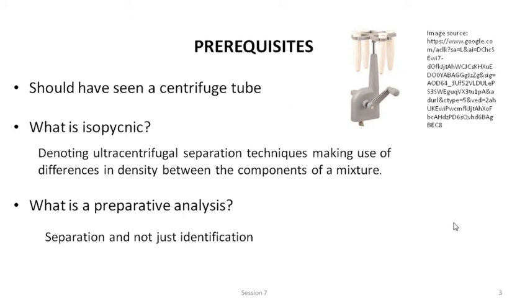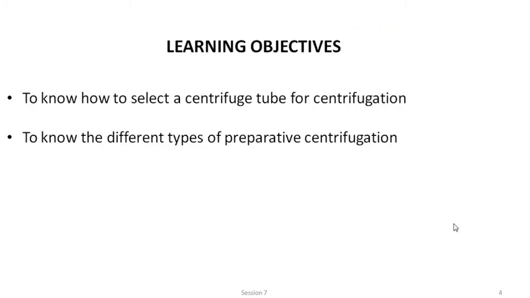Having seen these prerequisites, let us move on to the next part, learning objectives. After this session, you will be able to know how to select a centrifuge tube for centrifugation, and you will be able to know different types of preparative centrifugation. Let me tell you here, I am going to combine both session 7 and session 8 in this particular video.